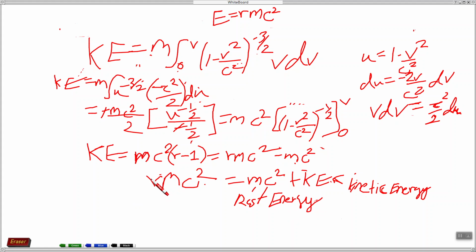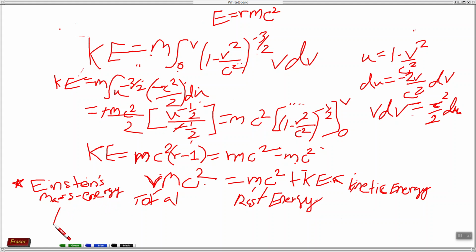And this, of course, gamma mc squared, is our total energy, according to Einstein's mass-energy principle. So that's why this is the total energy.